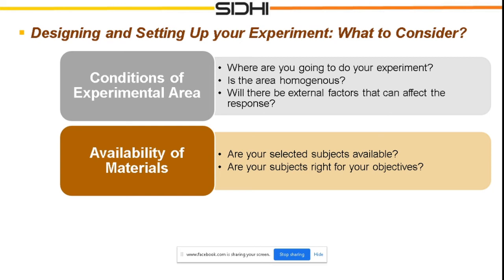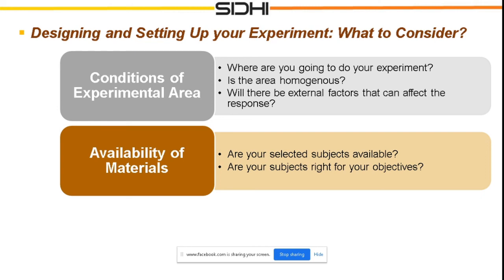Baka meron kang iniisip na experimental unit or subject na hindi naman pala available sa Pilipinas. Something like that. Or are your subjects right for your objectives? You wanted to use this type of plant, you wanted to use this type of bacteria, you wanted to use this type of animal. But yun ba yung tamang subject para makuha yung objective mo?